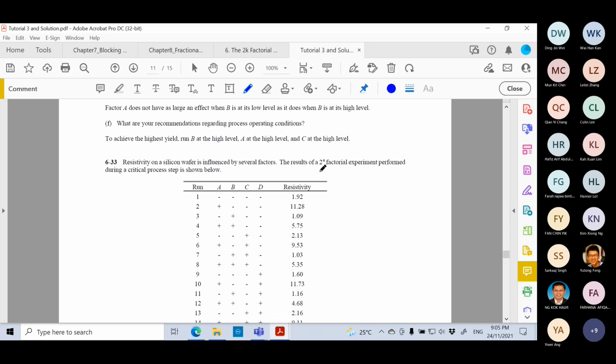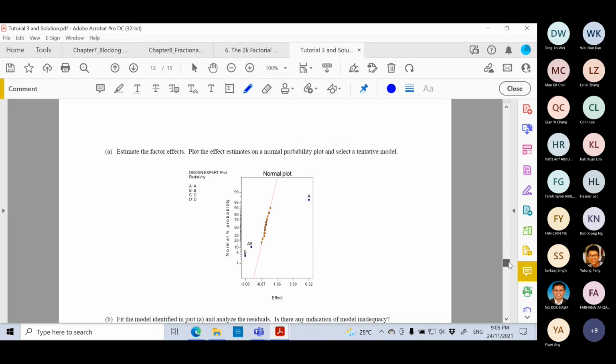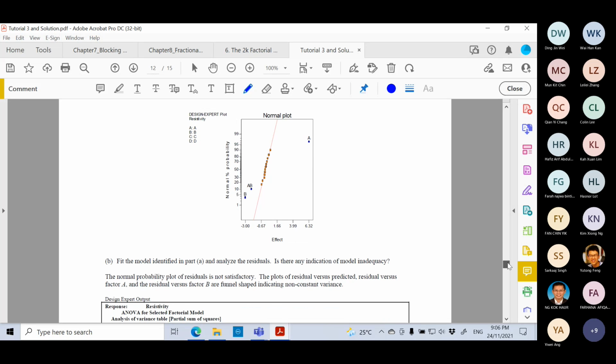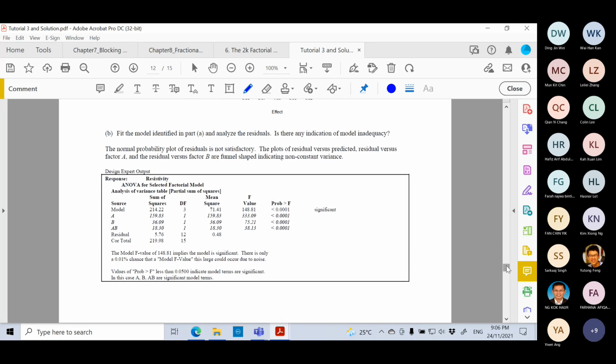If I do the analysis of the 2 power of 4 factorial design, I will get the important factors A, B, and AB using the normal probability plot. It's A, B, and AB. But when we check the residuals, there is a problem with them.